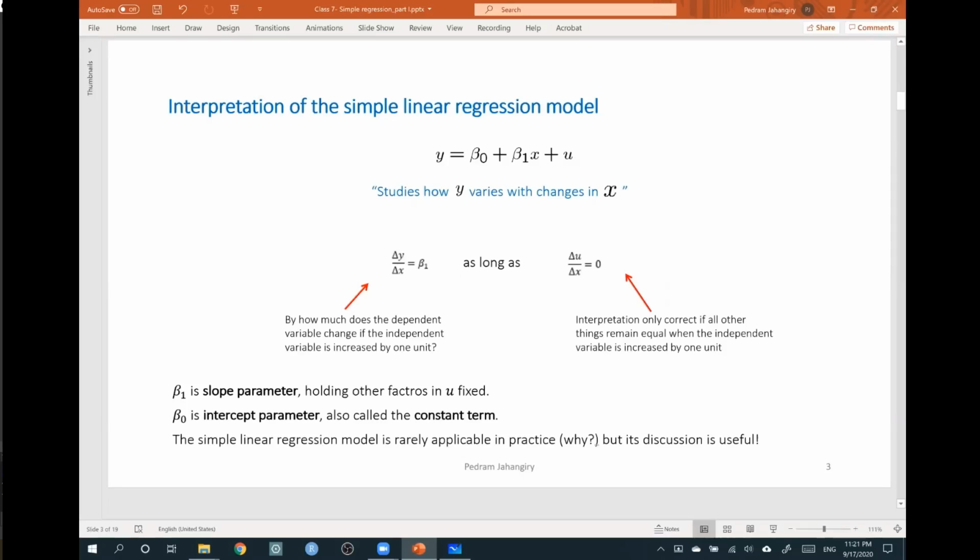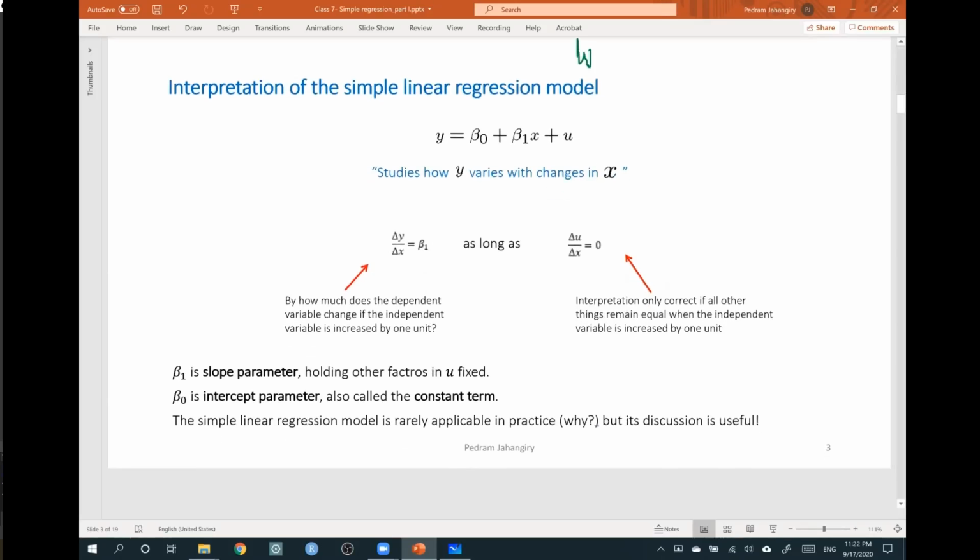Let's see how we can interpret those models. Let's stick to our simple example of wage. Wage is equal to, let's say, beta 0 plus beta 1 education plus u, the unobserved variable, right?